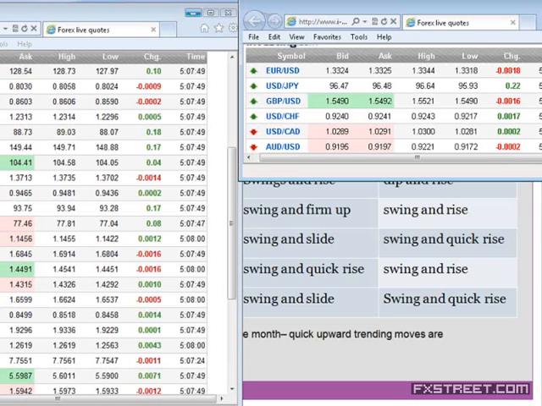So after the Yen crosses, they are expected to handle the European crosses, like Euro GBP and Euro CHF and GBP CHF. These three crosses are to be handled nicely. And Euro GBP is expected to make a downward move in this particular week.